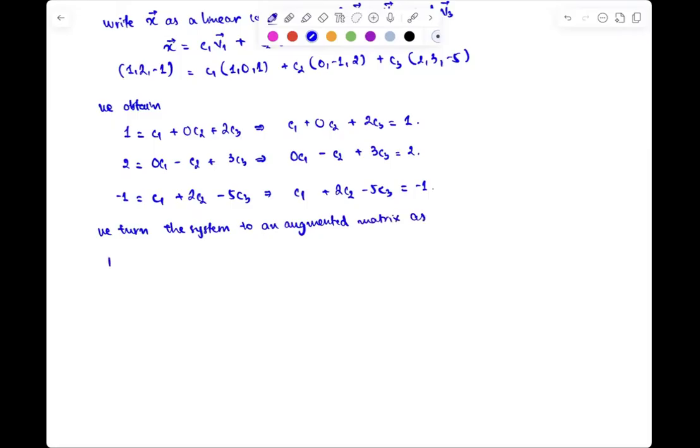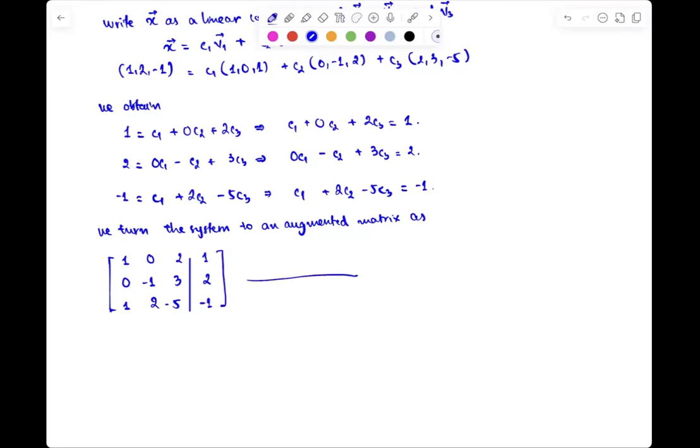You have the matrix of the form: 1, 0, 2, 1; 0, -1, 3, 2; 1, 2, -5, -1.